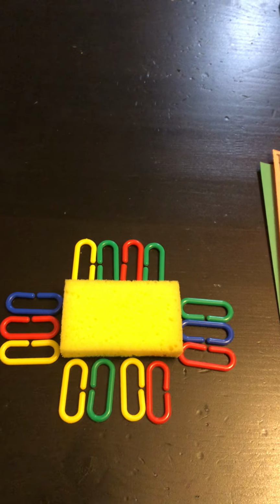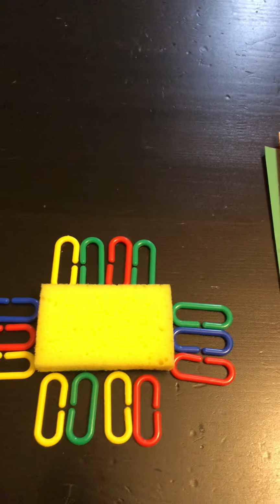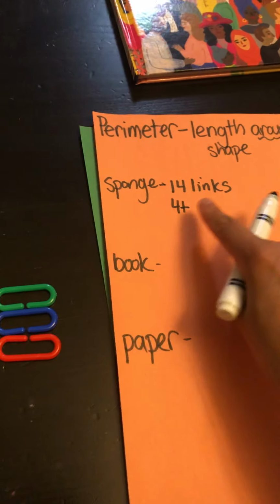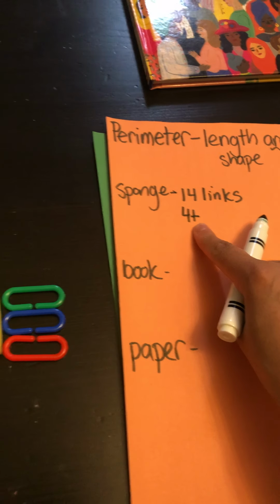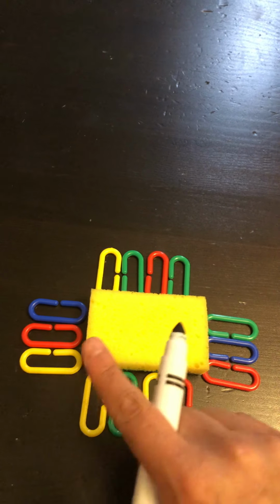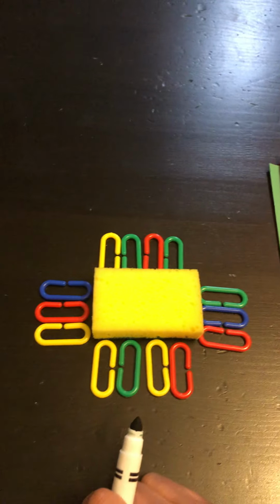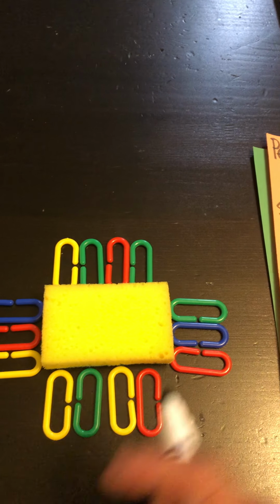So with my number sentence, I'm going to go 4 plus, and I'm adding because we are finding the total number around. The key word is total, so I know my number has to get bigger.